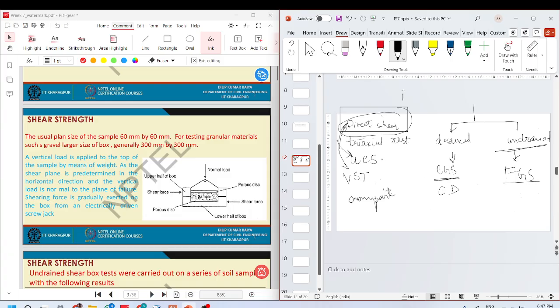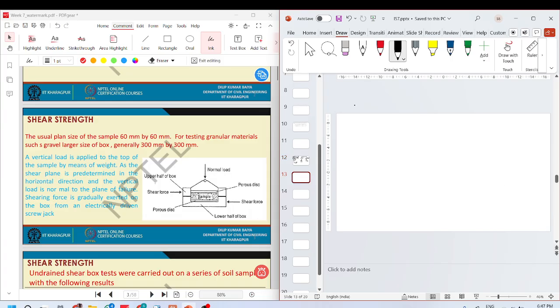Let's talk about triaxial testing. I will address your question in this. Let me give a little bit of background about triaxial testing. In triaxial tests, you must have studied that we have a sample which is cylindrical.